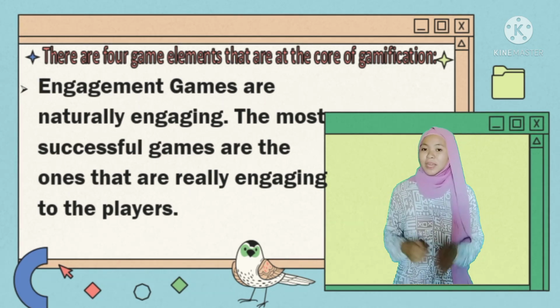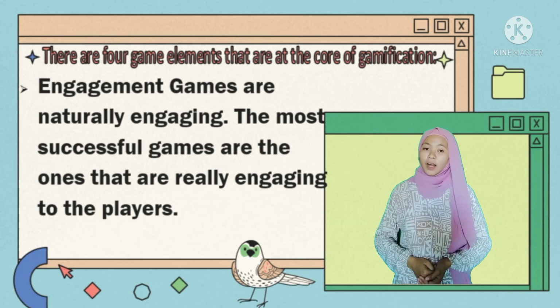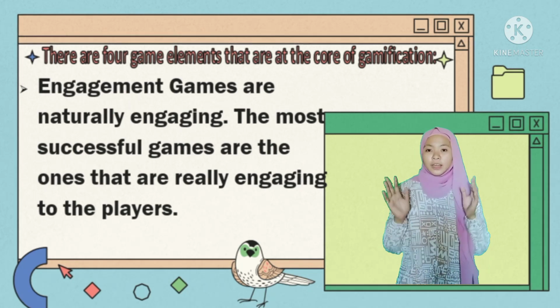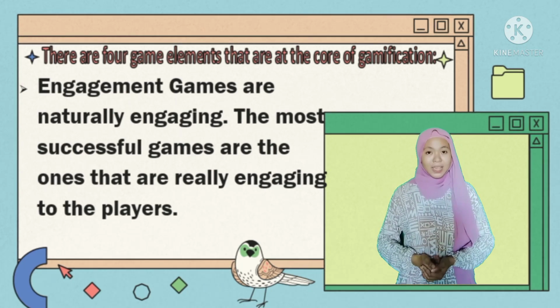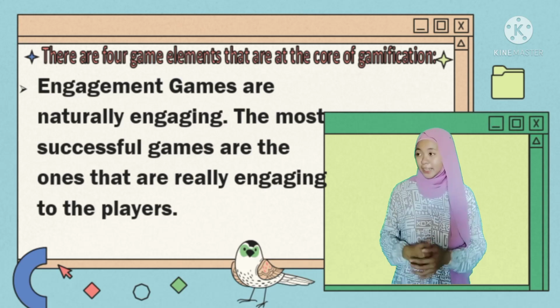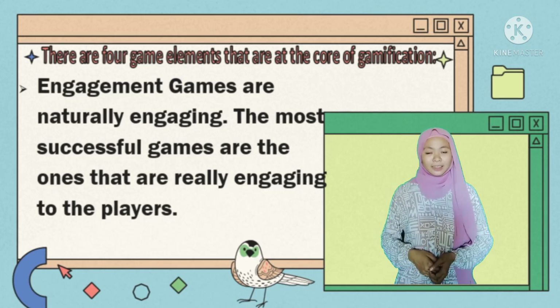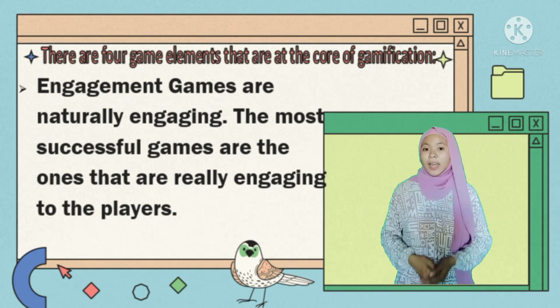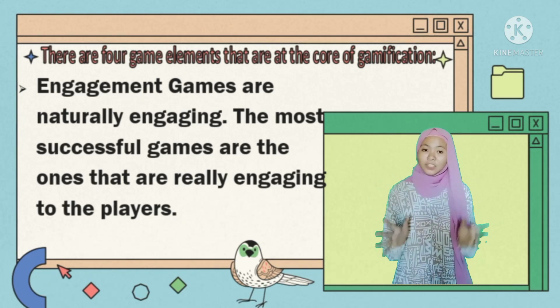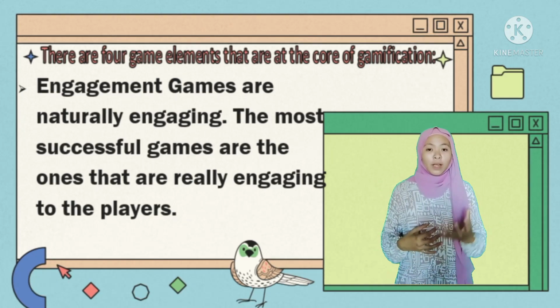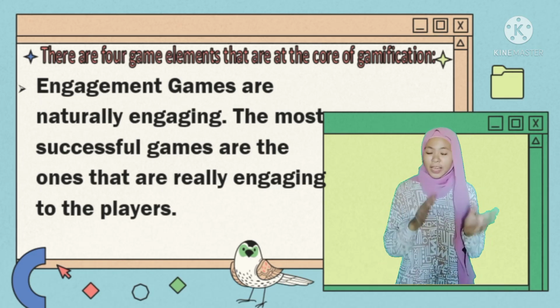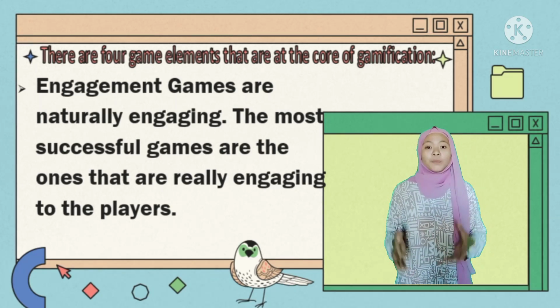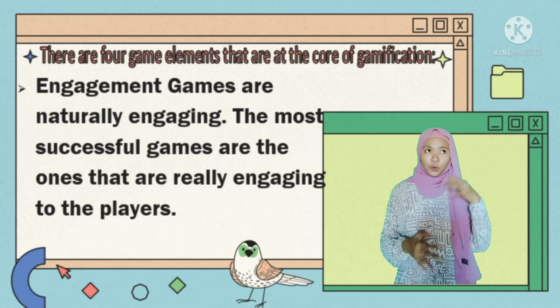So, it means the effective games are those where the player can naturally engage. They can participate and play actively. It's something like they are the ones who act in order to achieve their goal. They are the ones who think of any strategy to respond to or complete their task.